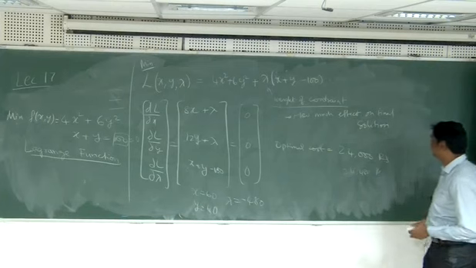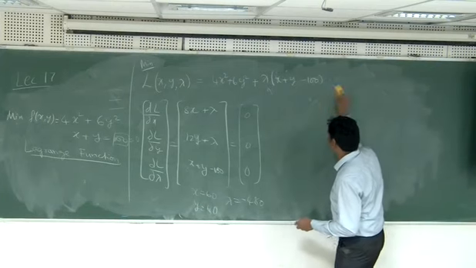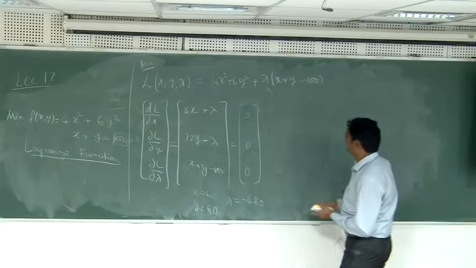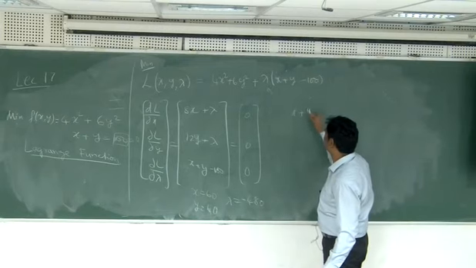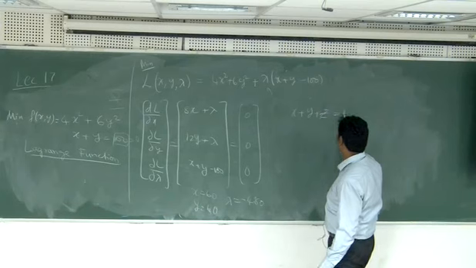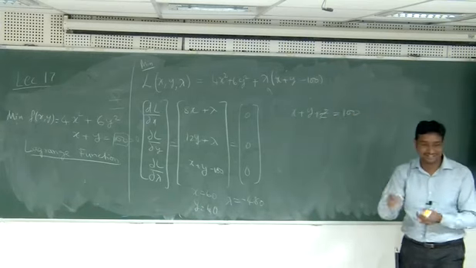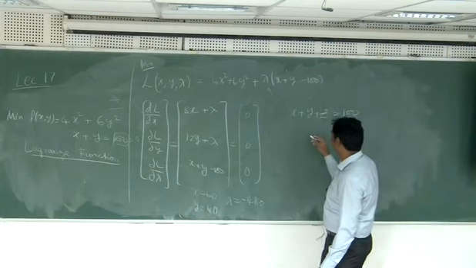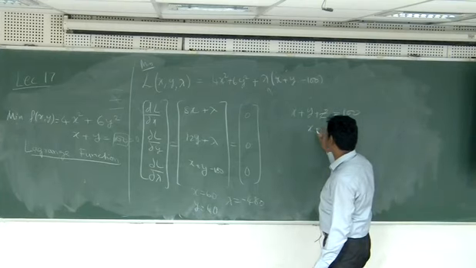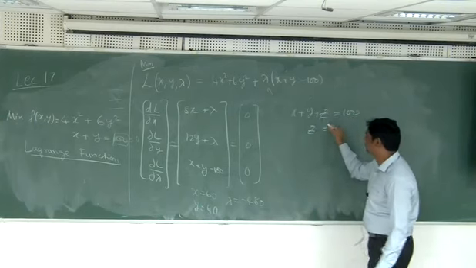Maybe just to summarize the discussion, if I write it like this, my x plus y plus z should be 100, where z is the amount I am transmitting through the guy on the cycle, and this z should be less than or equal to 1.